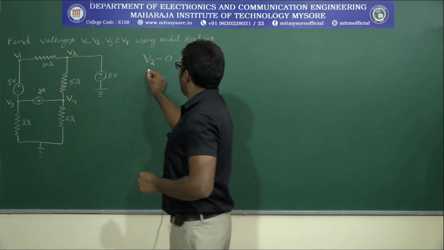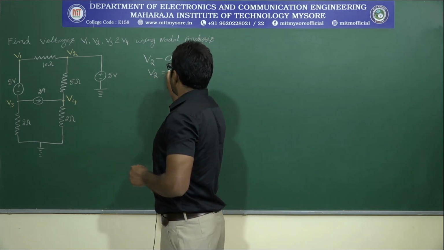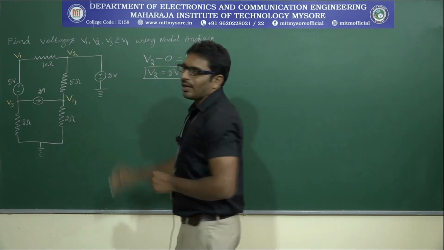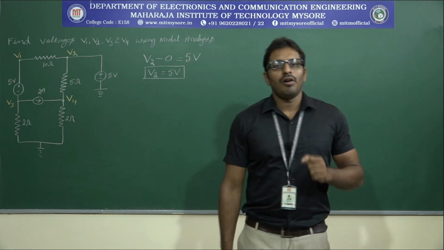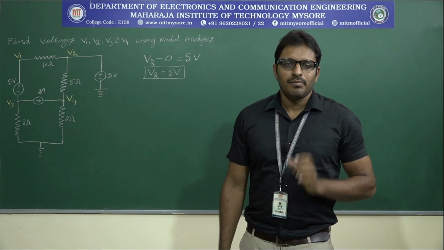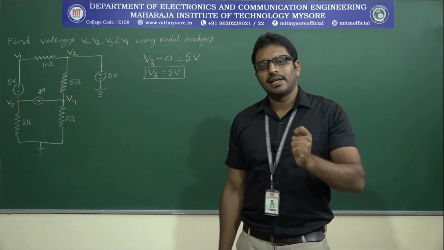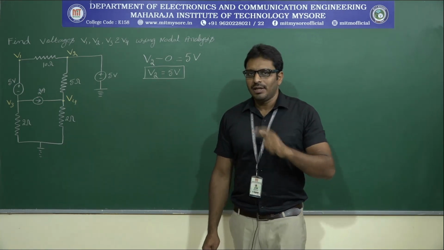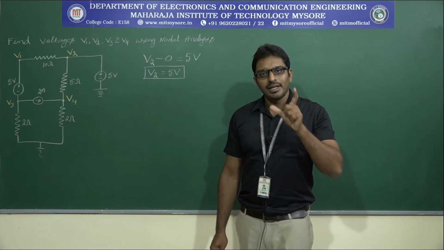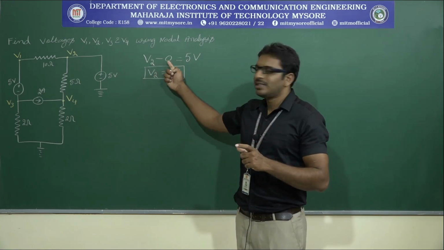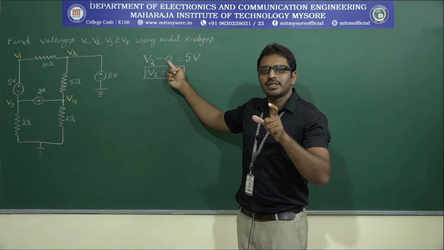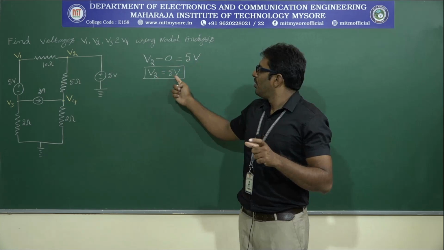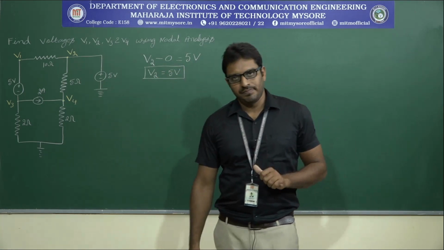Okay, therefore V2 is equal to 5 volts. Directly we got the value of V2 from the circuit because that voltage source is connected between V2 and ground. The ground potential is 0, the potential at another end is V2, then the potential difference is V2 minus 0. What is the voltage source connected between these two points? 5 volts. Therefore, V2 is equal to 5 volts.